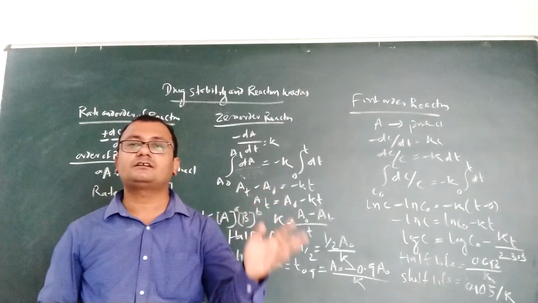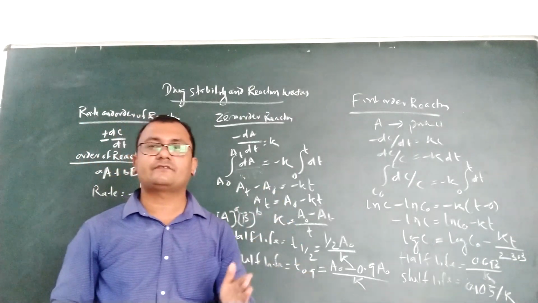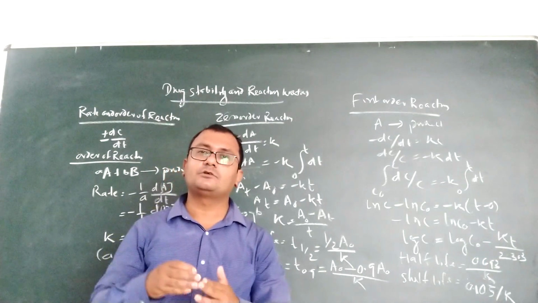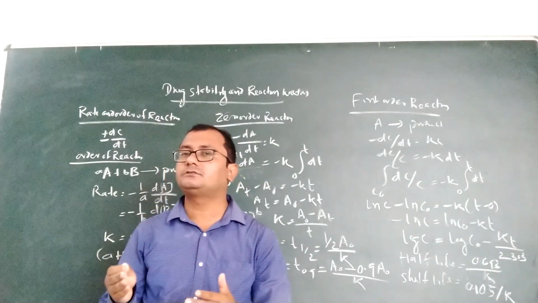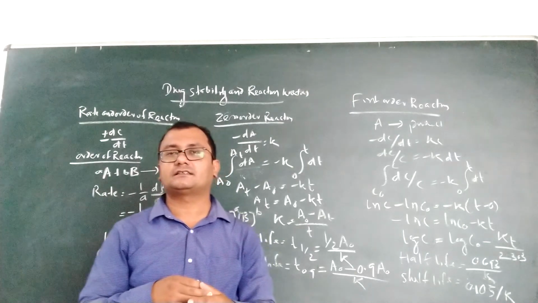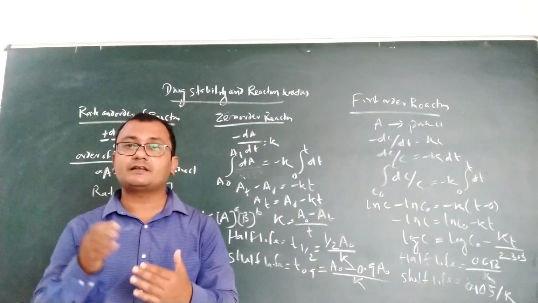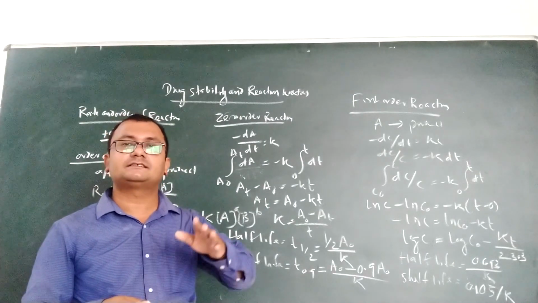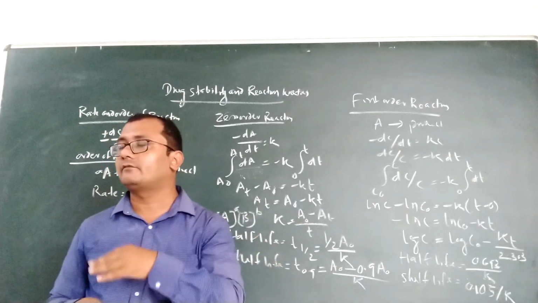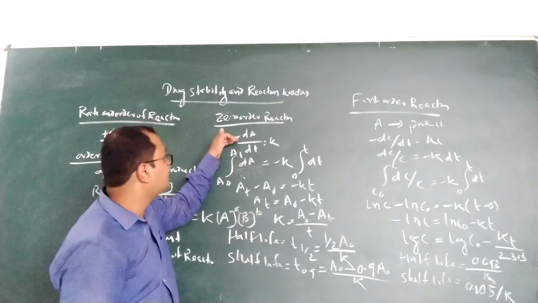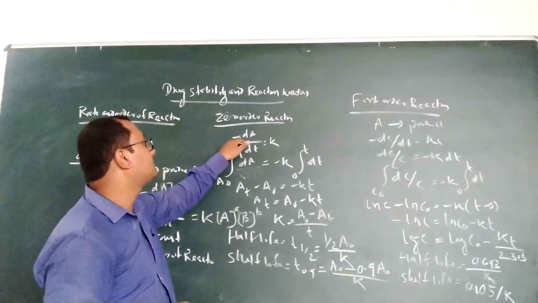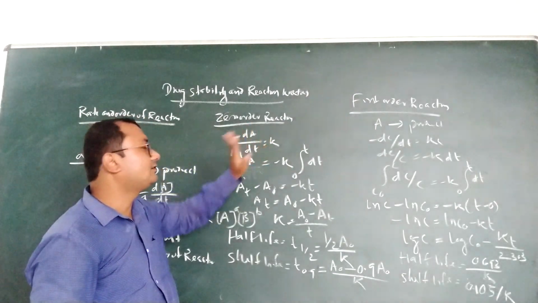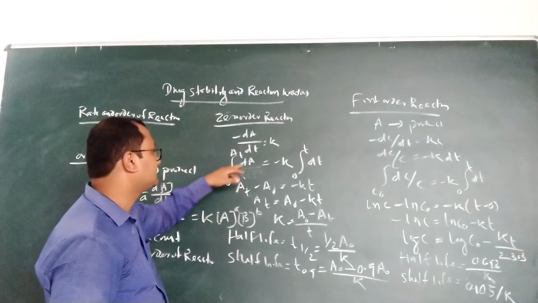That means it is not dependent on the concentration of reactants. The reaction will proceed automatically without the concentration mattering. The concentration may change, but it does not affect the rate. So we write minus dA divided by dt is equal to K for a zero order reaction.